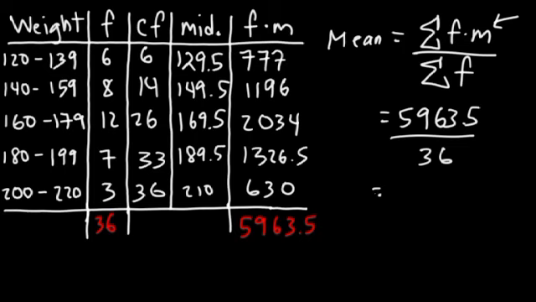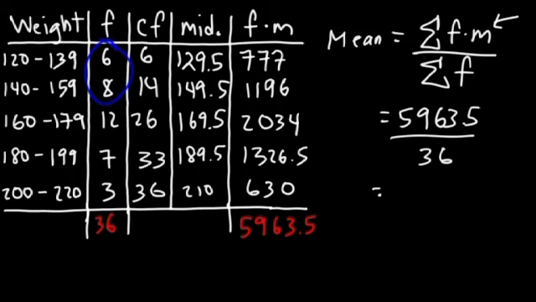Now, before we calculate the mean, which interval do you think the mean is going to be in? Now, most of the numbers are between 160 and 179. And the left side of the data is heavier than the right side of the data. So it's either going to be in this interval or in this interval, one of those two.